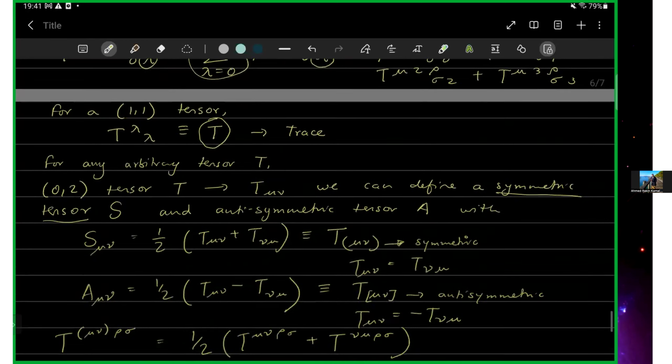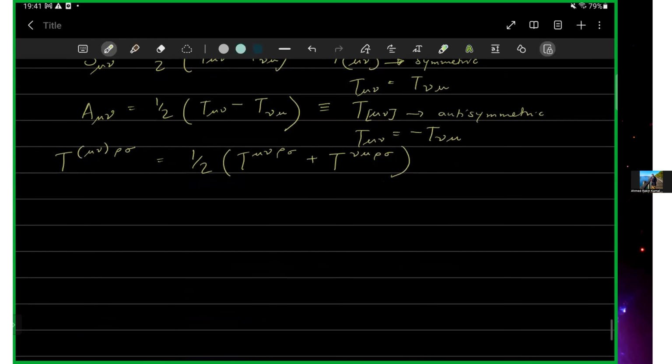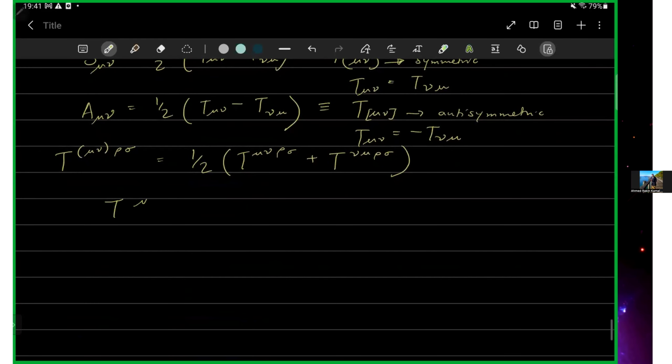Does writing the up or down indices to the left or right matter? What do you mean by left or right? You mean something like this? Something like this? Yes, it actually matters because it depends on how mu and nu run, right?